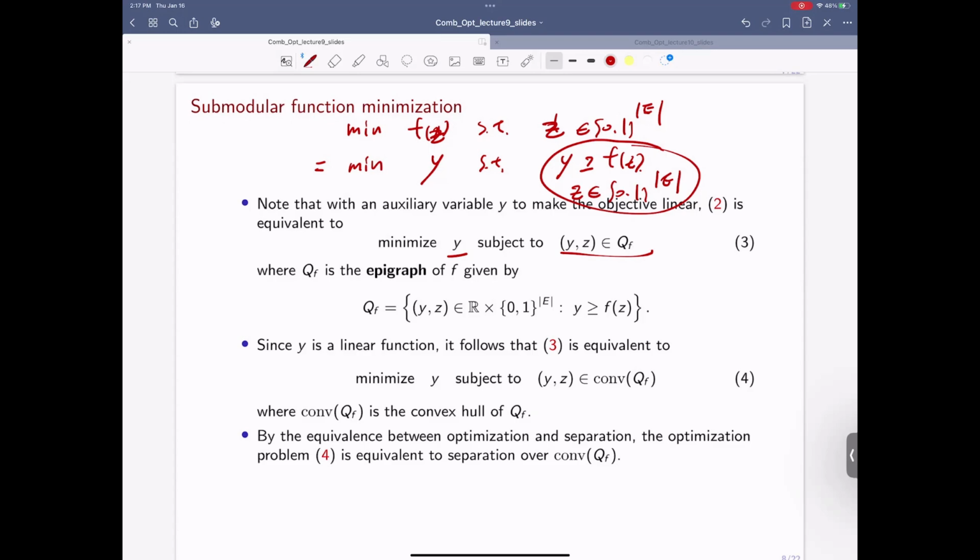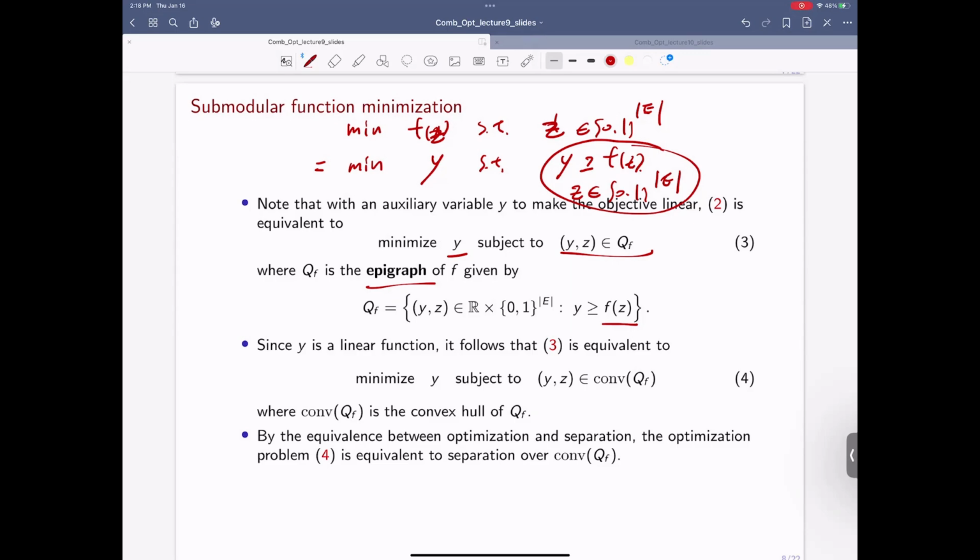And Q_f is called the epigraph in general, because you look at this function f and you look at the region that is above this function. It is called an epigraph. This is not just for set functions, but it also works for convex or concave functions or anything.